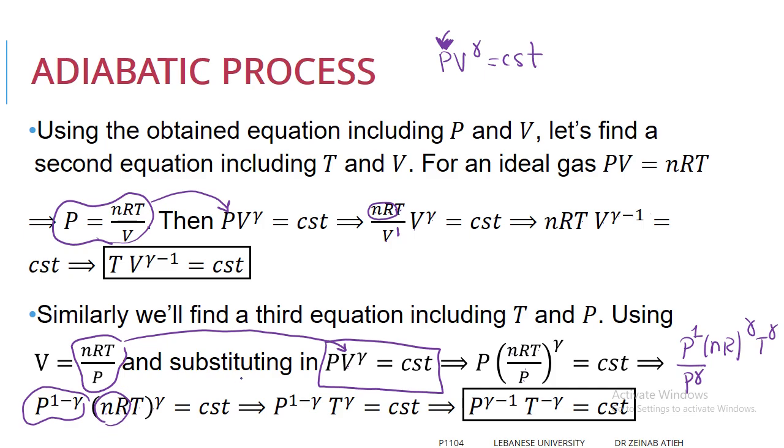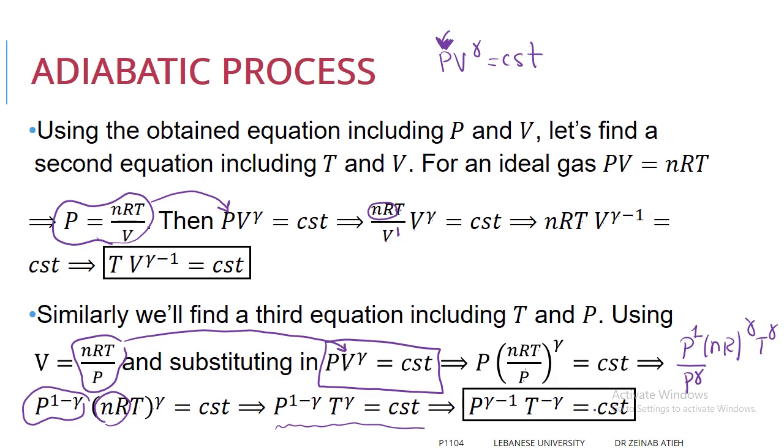So I will get P to the power 1 minus gamma, T to the power gamma, is a constant. It's written in this way. Or you can do the inverse and say P to the power gamma minus 1, T to the power minus gamma is equal to a constant. Both of them are correct. I've only inverted the powers, which means that I have taken the reciprocal.